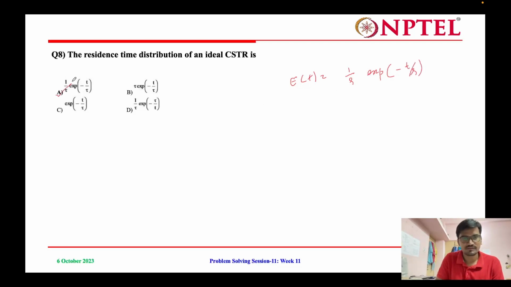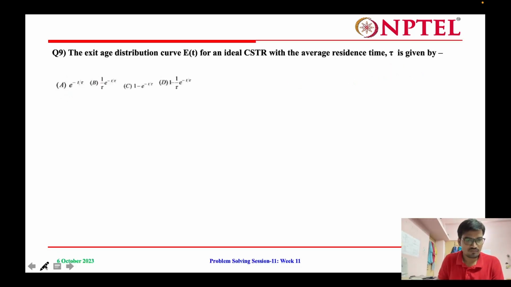Option A. The exit age distribution curve E(t) for an ideal CSTR with average residence time tau is given by this. Almost the same question.